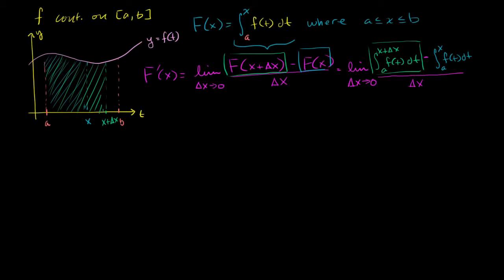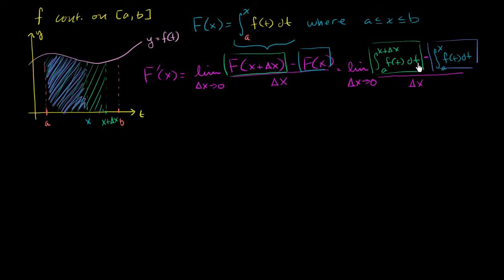So that's this part. We already know what this blue stuff is. This blue stuff right over here is equal to all of this business. We've already shaded this in.